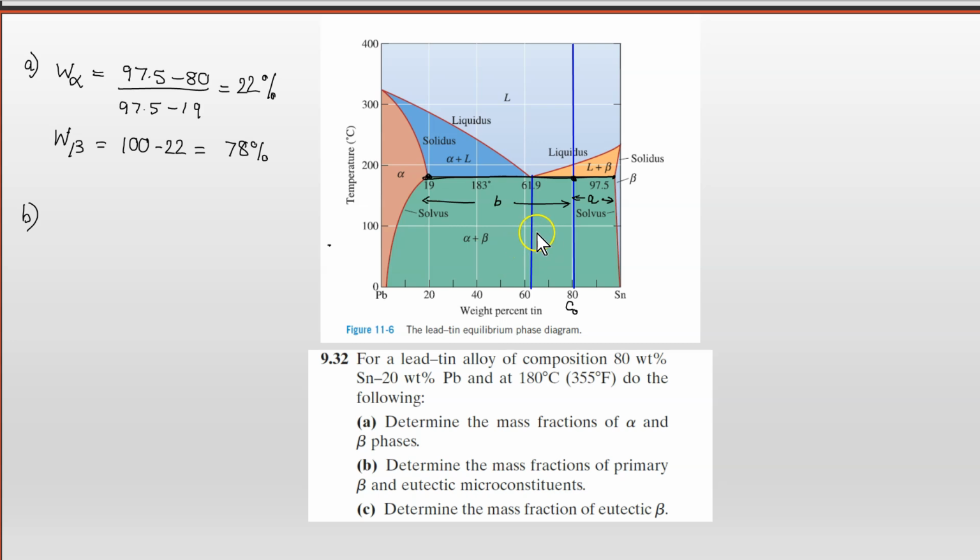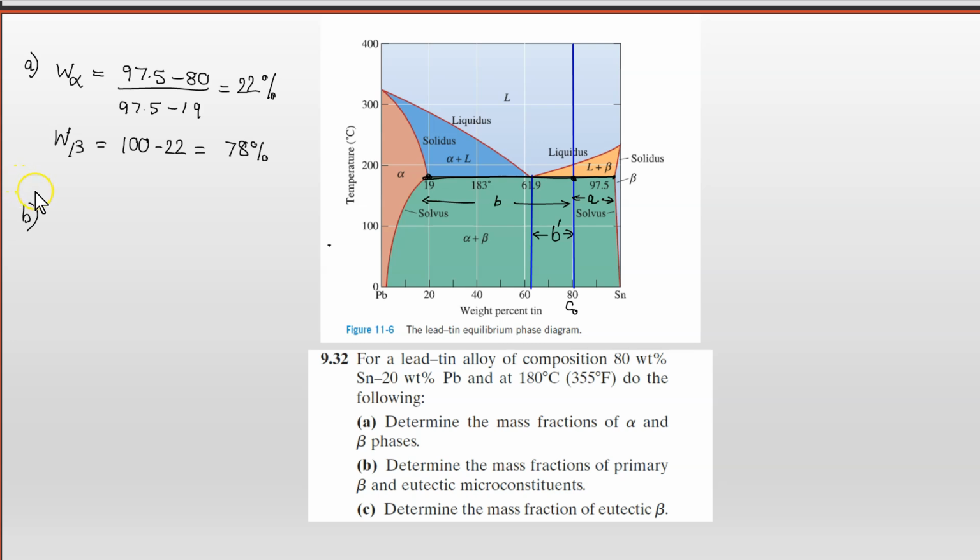So what we want to use now is the tie line that goes from the previous location on the right, but to the left. Let's call that B prime. That is the distance between the nominal or average composition and the composition of the microconstituent.